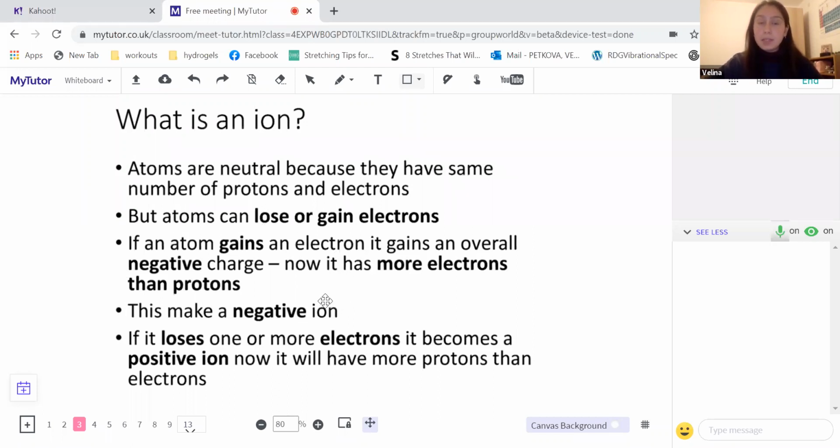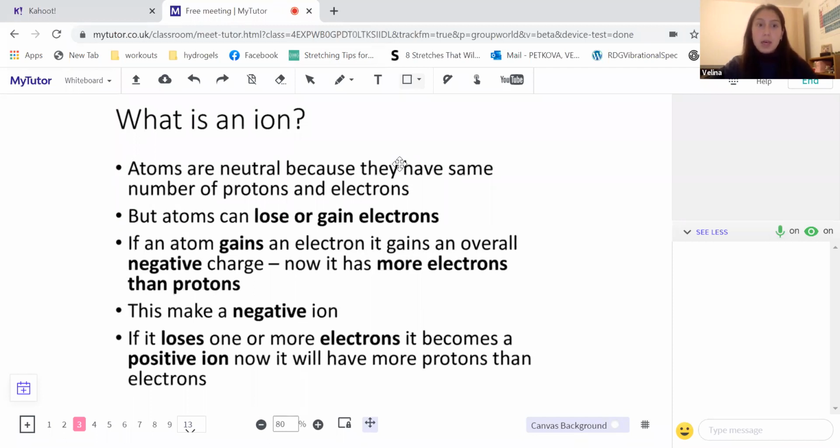But atoms can gain or lose electrons. In group 1, atoms lost an electron, and in group 7, atoms gained an electron so that they reached the stable configuration they want. They want that noble gas configuration, don't they?